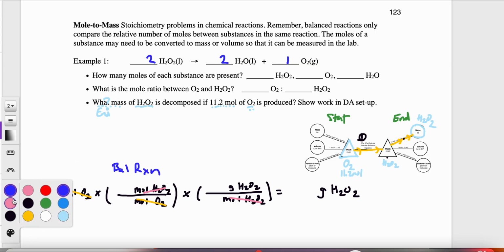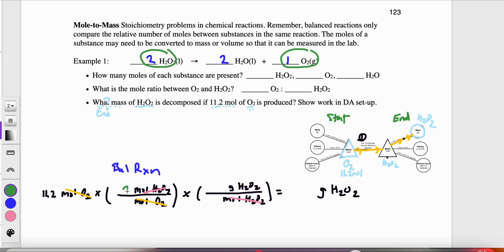So when I'm looking at this problem, okay, paying attention to the details, I know that I need information about O2, and I need information from the reaction about H2O2. So these are the numbers, the coefficients that I put for the balanced reaction. So since H2O2 is on top, look at its coefficient.